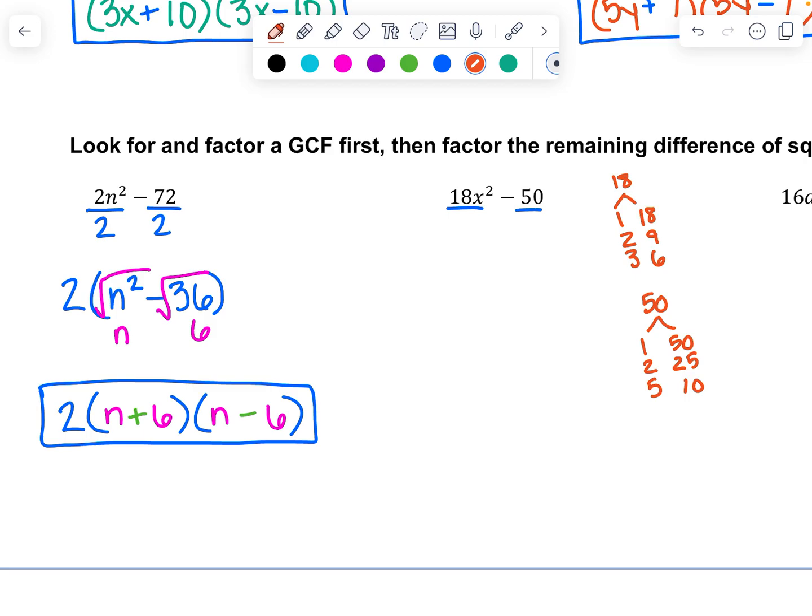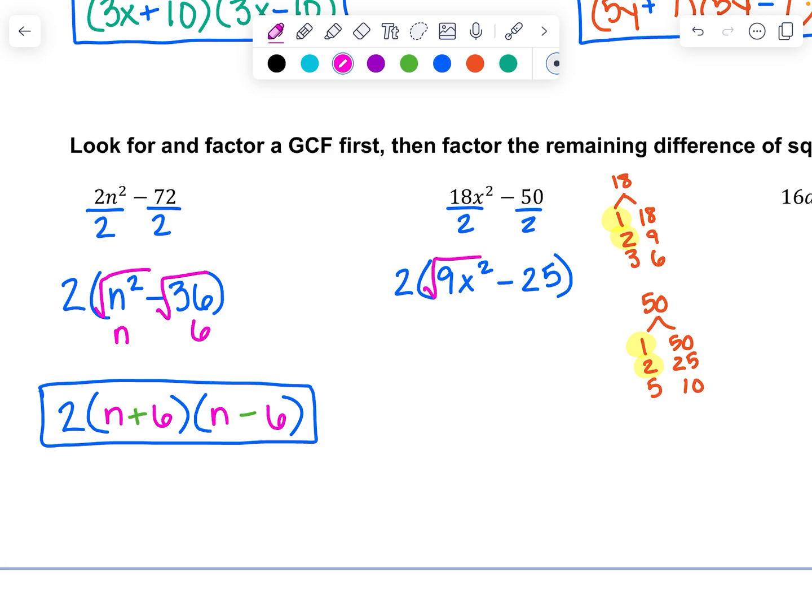Okay, so we have all of our factors. So I see 1 in common, I see 2 in common, and that might be all. So looks like my GCF is just 2. So I can put 2 in front. I'm left with 9x squared minus 25.